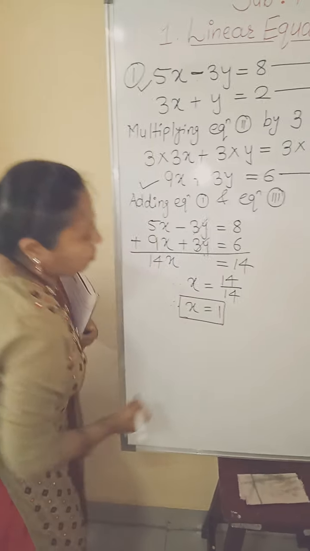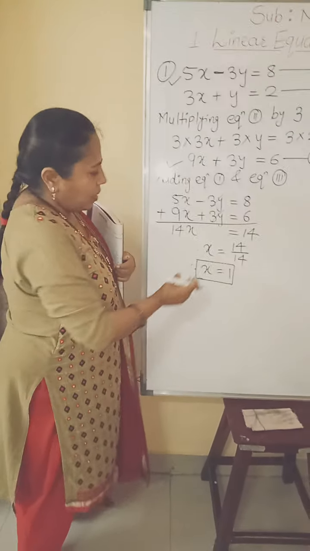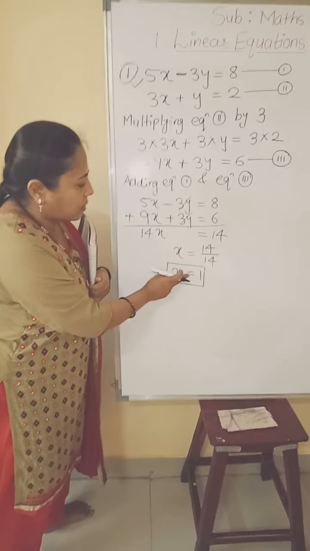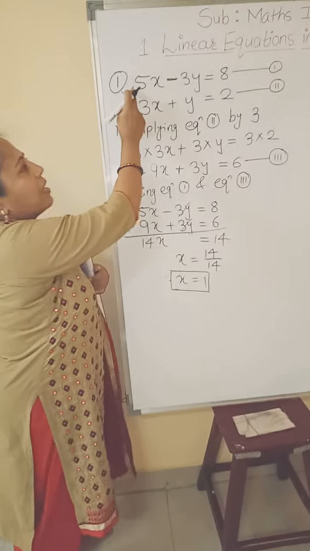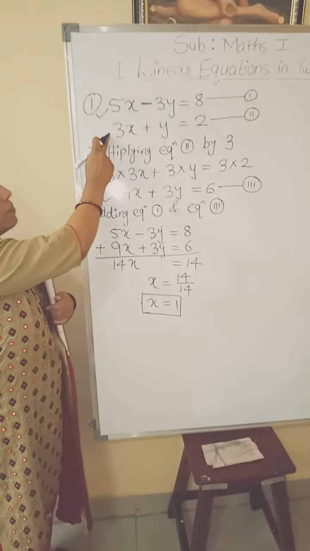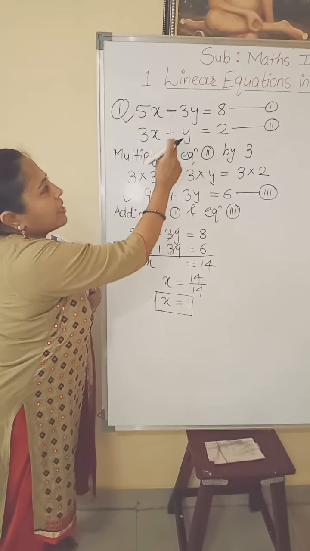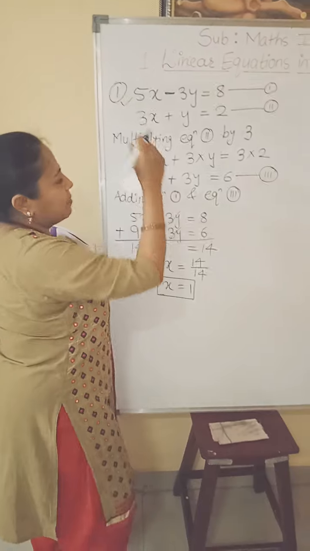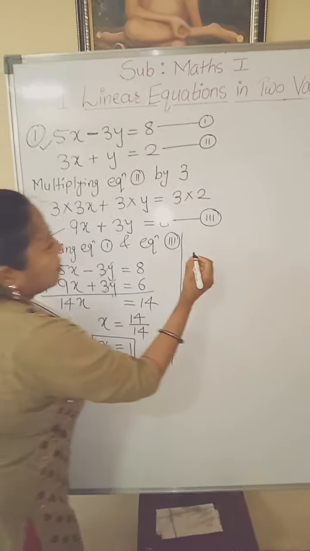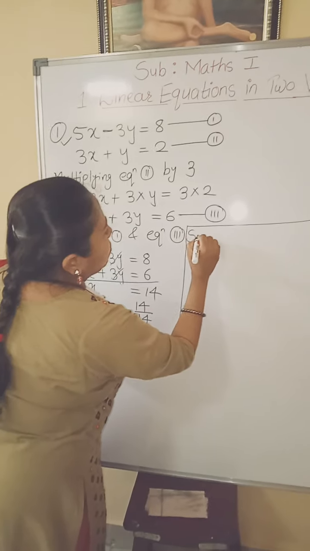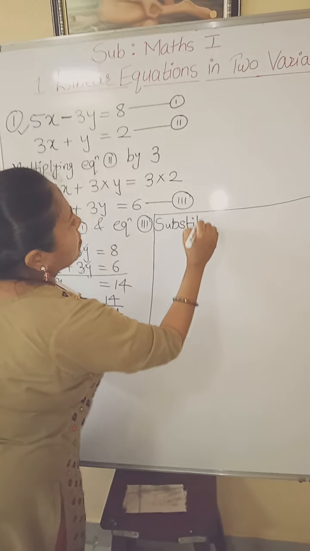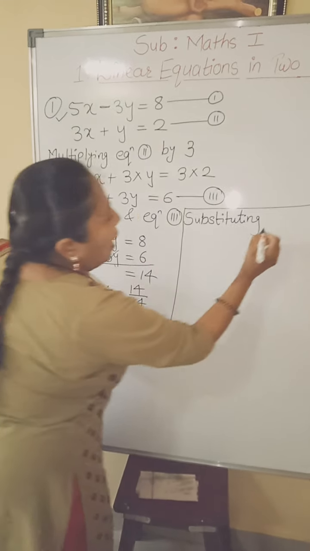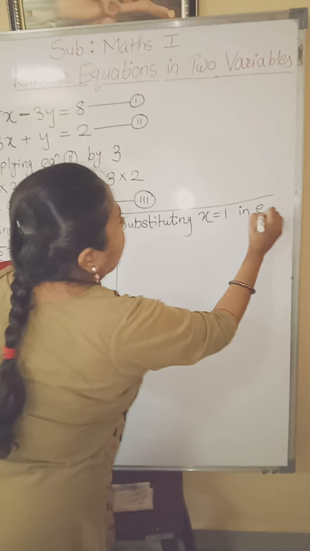Here we got the value of one variable x. Now to get the value of the second variable, we will substitute the value of x equal to 1 either in first equation or in second equation. Okay. Now I think second equation is easy to solve. So we will substitute this value in second equation. Substituting x equal to 1 in equation 2.